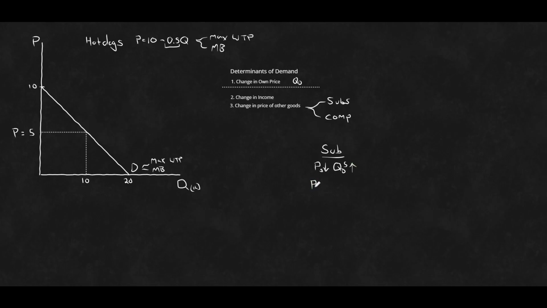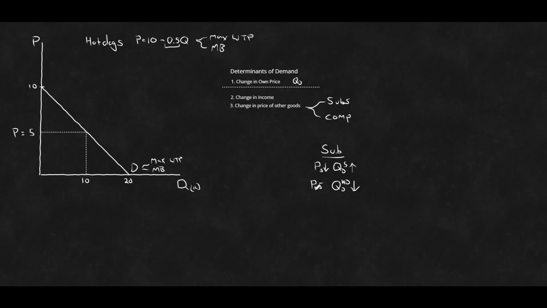What has happened to hot dogs? Price of hot dogs is unchanged. But what happens to our quantity demanded of hot dogs? Well, if we're buying more smokies for a fixed income, the only way that we can buy more smokies is by giving up hot dogs.